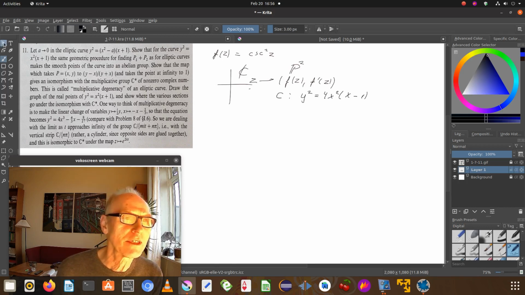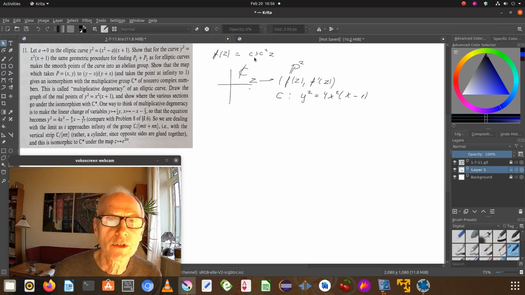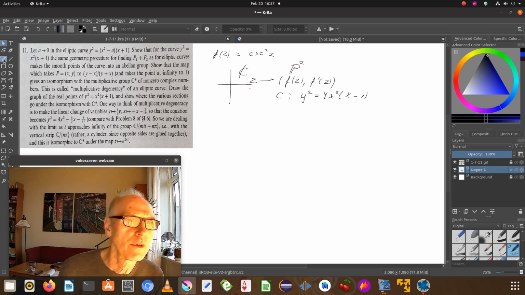So first of all, this function is periodic with a period pi, so I would like to have it go from minus pi half to pi half.